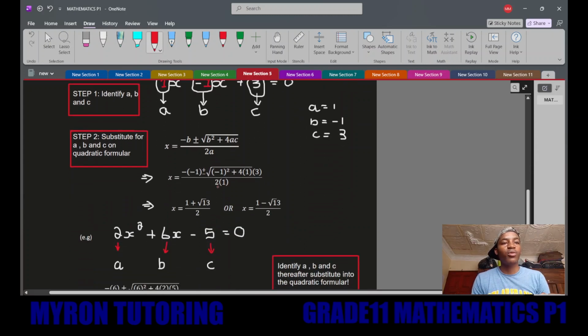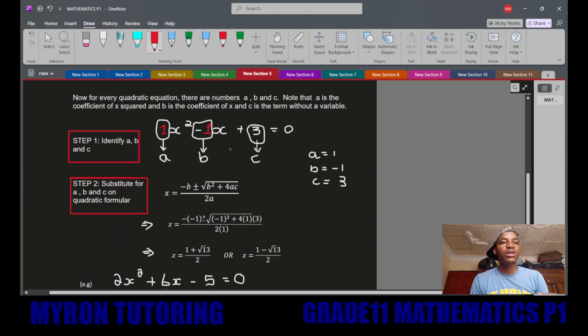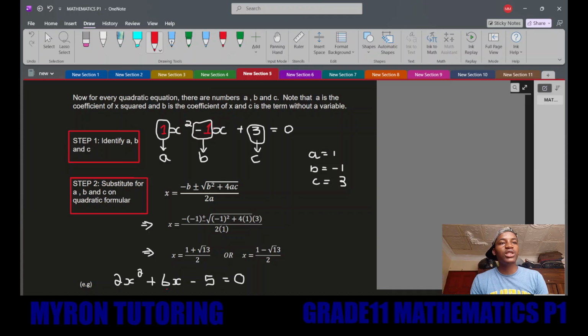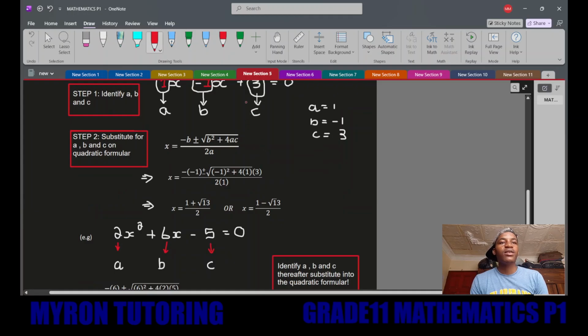The quadratic formula makes use of a, b, and c. We know that a is the coefficient of the x squared, b is the coefficient of the x, and c is the constant term, the number which is by itself.